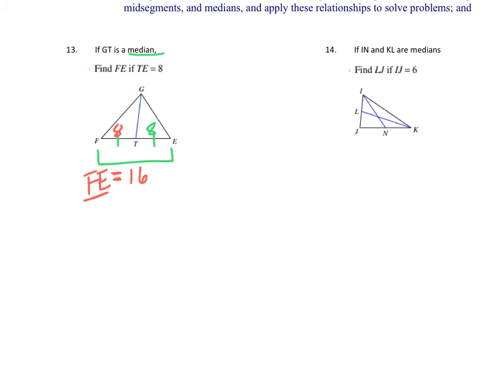Okay, number 14. If IN and KL are medians, find LJ if IJ is 6. So this whole thing is 6. That means LJ and IL are equal.